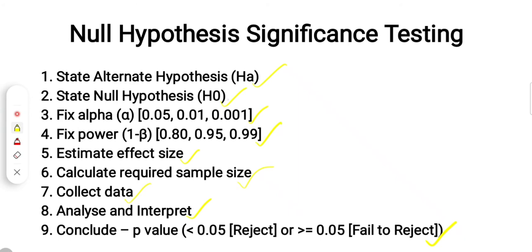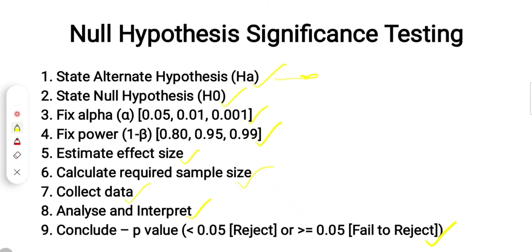Okay, so these steps are like, first we'll check the hypothesis, which is the alternative hypothesis for our research. For example, we are checking if Brahmari improves concentration. Then we state the null hypothesis.